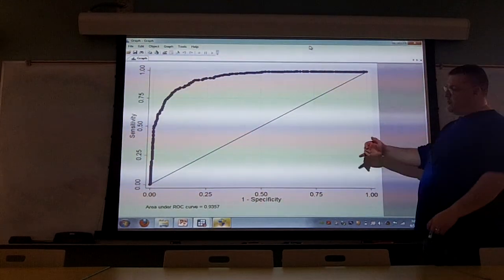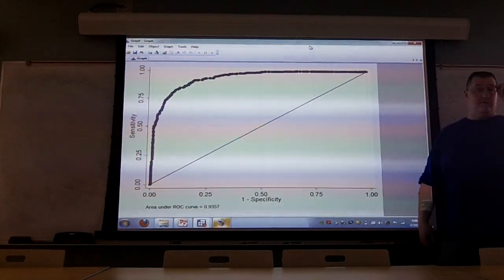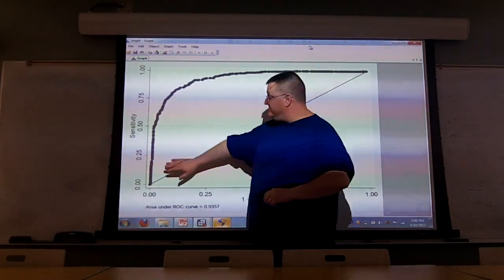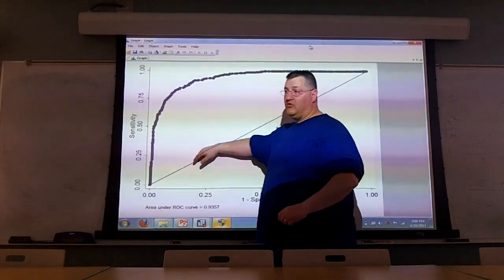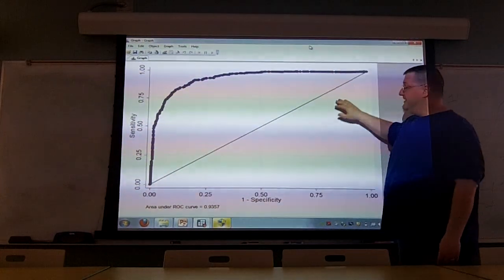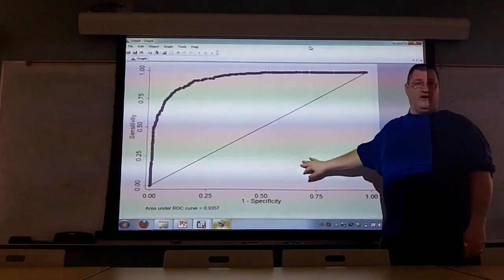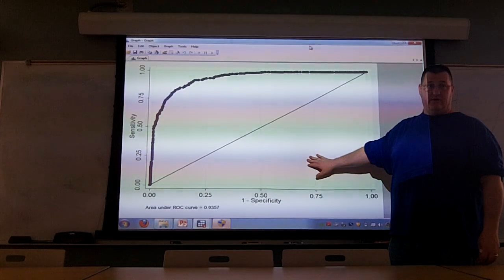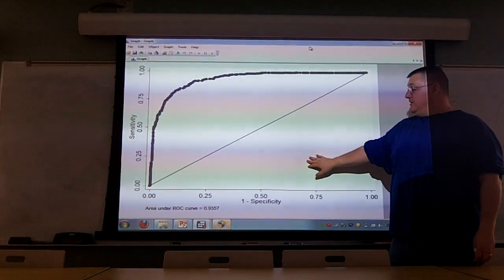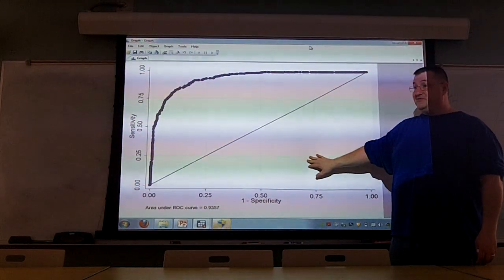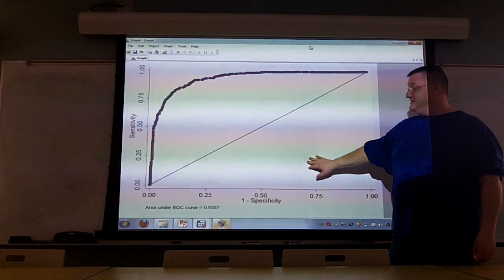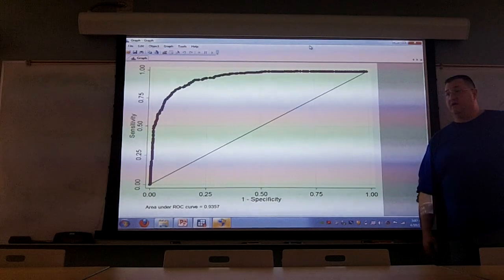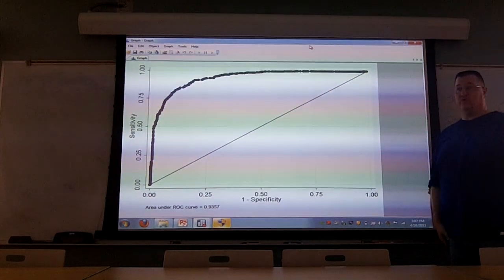If my test were no better than a coin flip, then these dots would go right on this 45-degree line. If my dots were below the 45-degree line, then we have a terrible model. It's worse than chance. In this case, the infinite number of monkeys banging on a typewriter would do better.